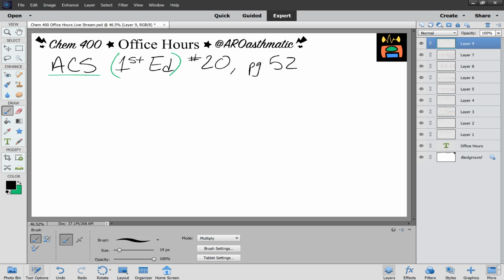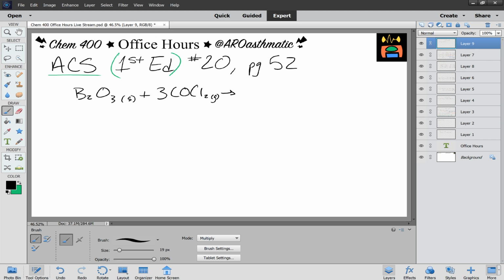And this question says, use the given heats of formation to calculate the enthalpy change for the following reaction. So we're given a reaction here. That reaction is B2O3, a solid, plus 3COCl2, this is a gas.